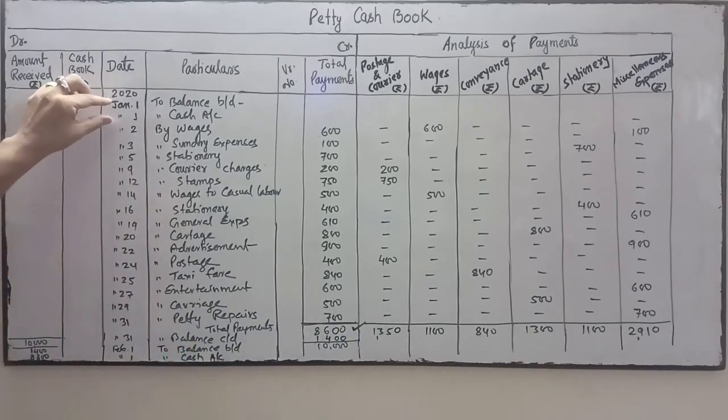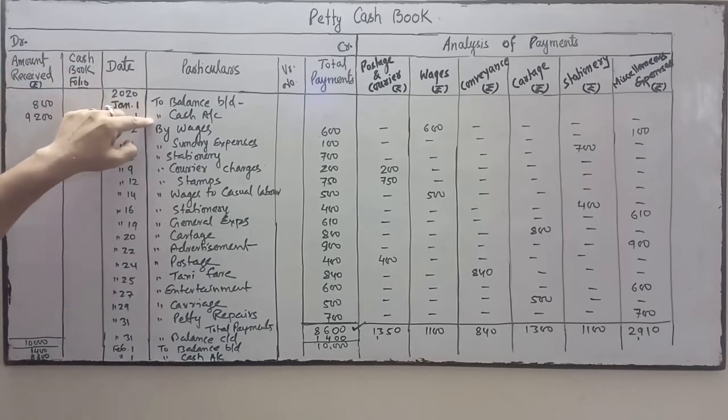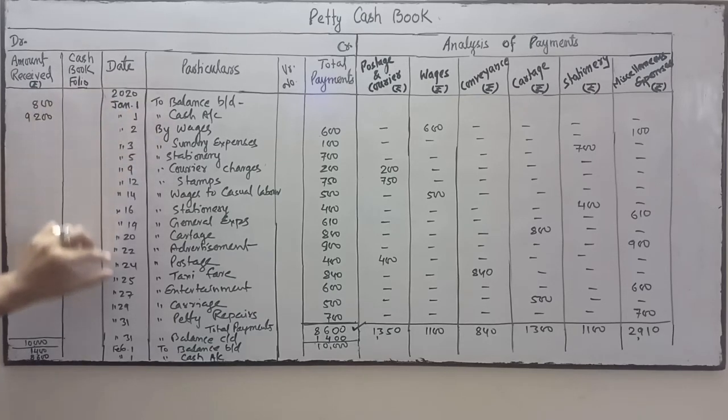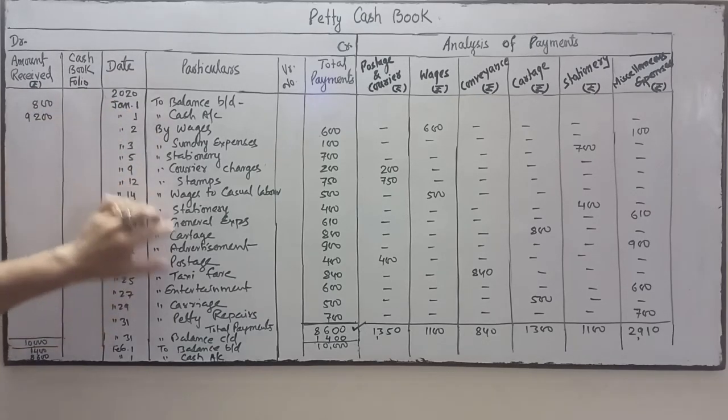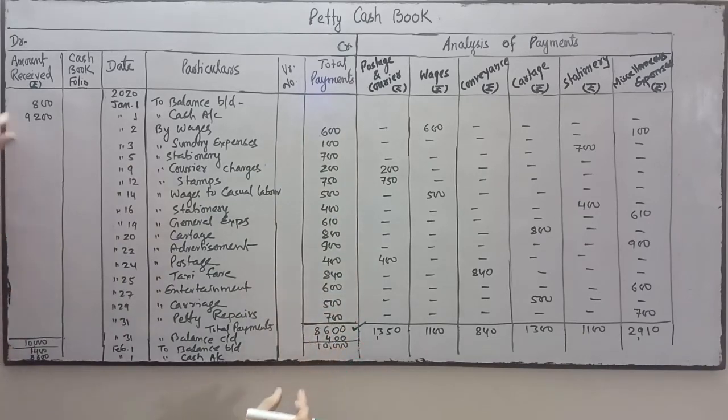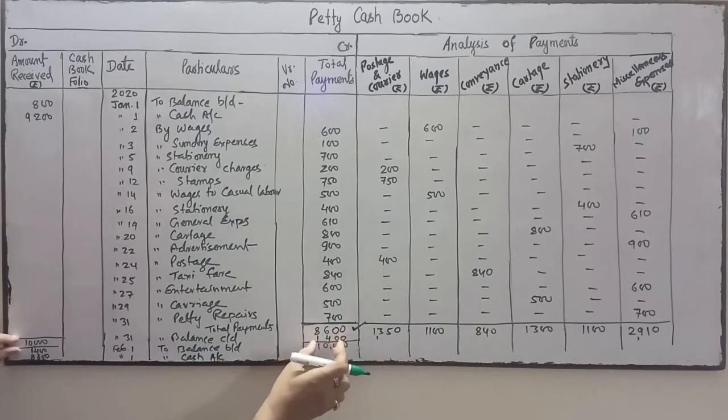When we receive money, we write the date and write the amount on this side, starting with "To". When we make a payment, we start with "By" and write the payment date over here. Then you total all payments and find the difference from the received column. 10,000 minus 8,600, so 1,400 is the balance c/d.